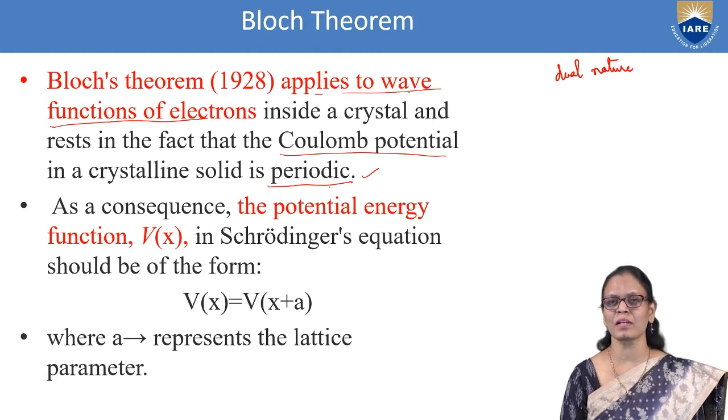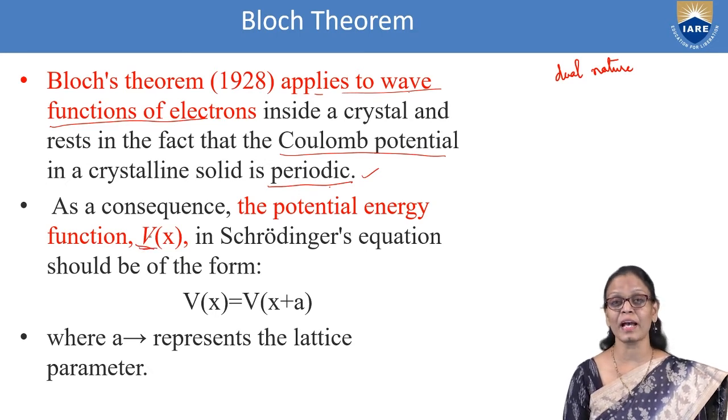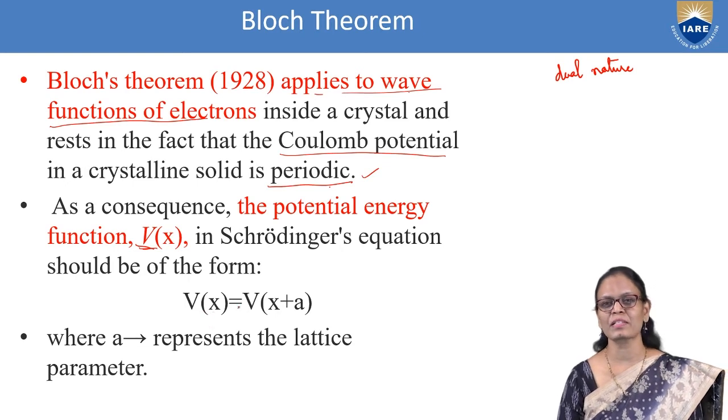So as a consequence, the potential energy function. Whenever we denote the potential, we denote it as V as a function of x. How it varies with x, that is the position, we are going to see. So as a consequence, the potential energy function in the Schrodinger equation should be of the form V(x) = V(x + a).